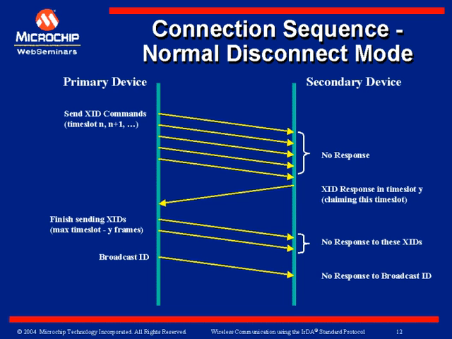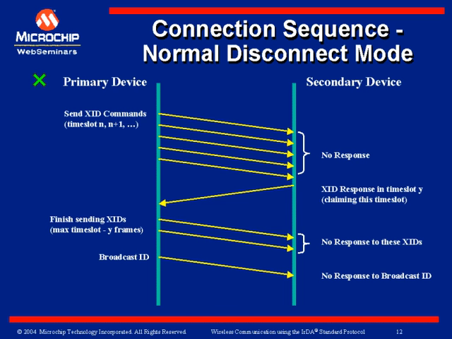Looking more closely at the NDM state, the primary device is searching for other devices by sending out XID commands. These XID commands will indicate a time slot. Typically, they will go from 0 to 7, but that is dependent upon the IrDA standard protocol stack that is used.